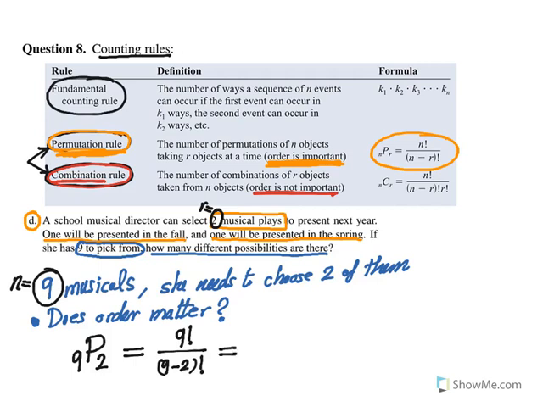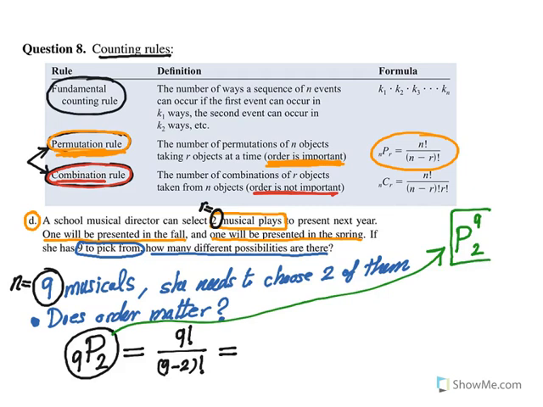And I'm reminding you, you can do this on your calculator. And by the way, this 9P2, some people also write it like this. They write it as P and put the 9 up and the 2 down. Maybe on your calculator you might see a button that you might need to click shift to get it. It says nPk or nPr or kPn.